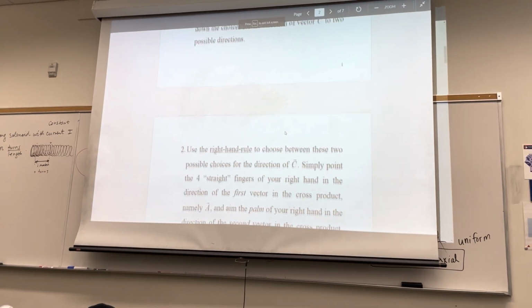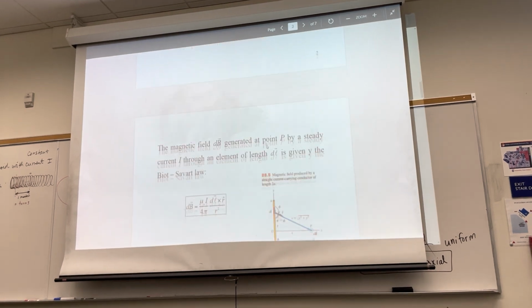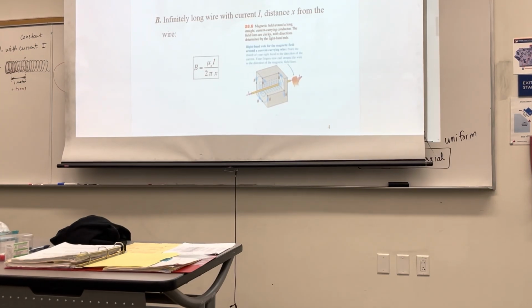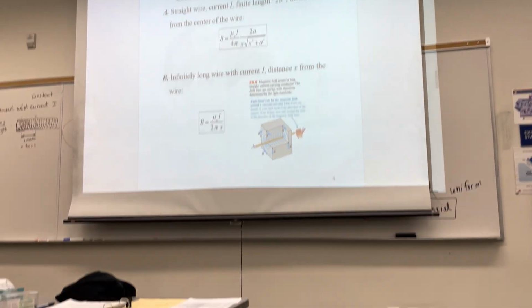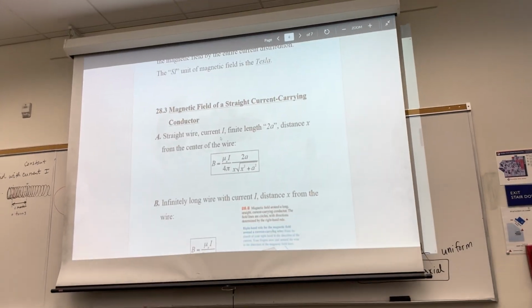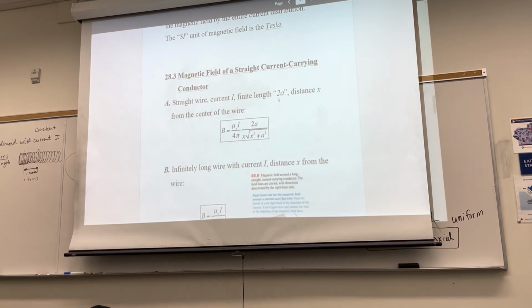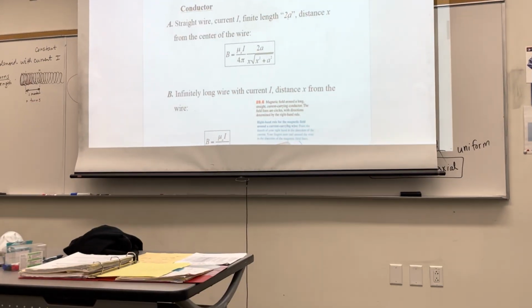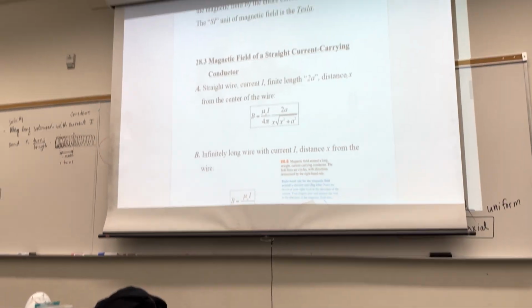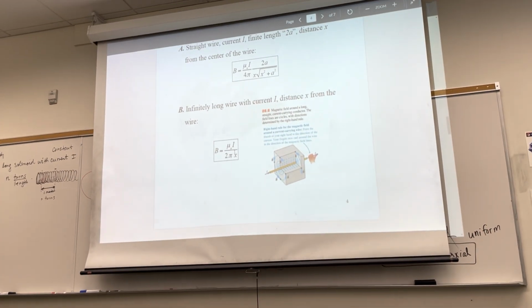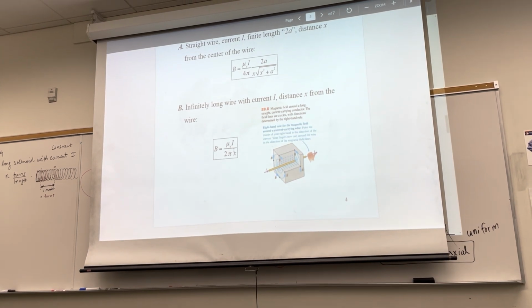So we talked about cross products. We talked about the Biot-Savart law. We did the calculation of the magnetic field generated by a very long straight wire. Well, not very long, a wire of length twice L, I called it. Distance Z, I think I called it, above the midpoint, above the center. We also did the infinitely long or very, very long straight wire.